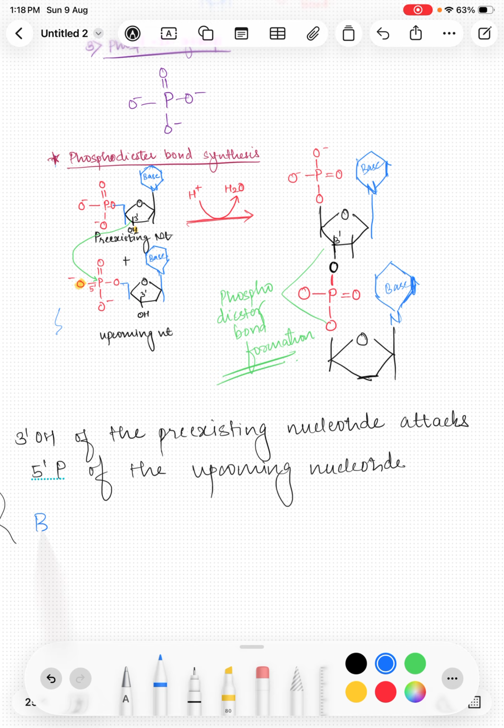And in DNA, bond formation, I am talking about bond formation, is from 3 prime end to 5 prime end. This 3 prime end is attacking 5 prime end. That is why bond formation in case of DNA is from 3 prime end to 5 prime end.